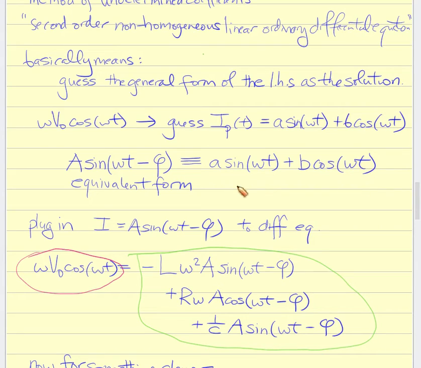Any expression you have in this form, a sine omega t plus b cosine omega t, can be expressed in the left-hand form, A sine omega t minus phi, for some A and phi. And this big A and phi are going to be different from little a and little b, but they have a relationship that you can manipulate to go from one to the other.